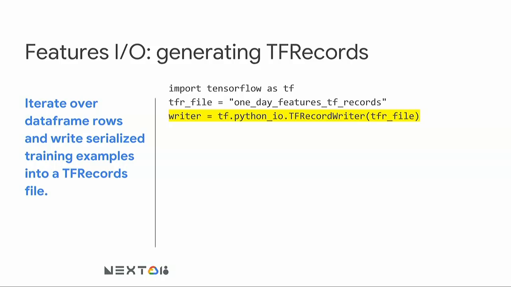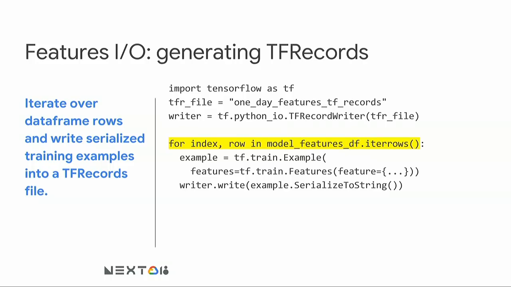OK, how do you use this to actually generate TFRecord files? The first step is to initialize the TFRecord writer. Then you iterate over rows in the data frame that contains your features. And for each row, you construct an example based on that feature dictionary that I showed you on the previous slide. Then you serialize this example, and you write it into the TFRecord writer.